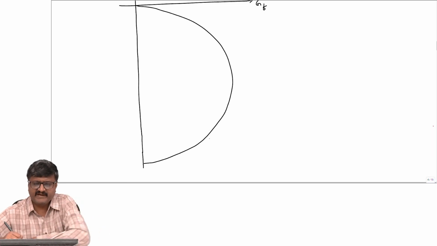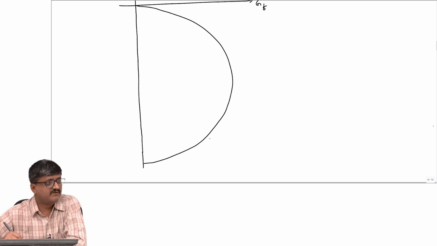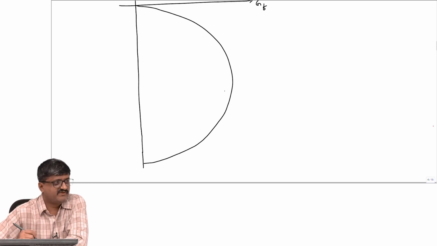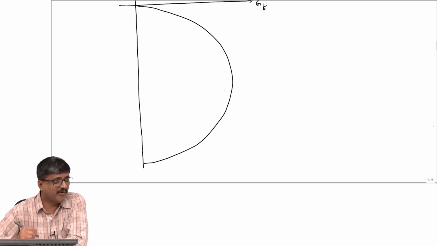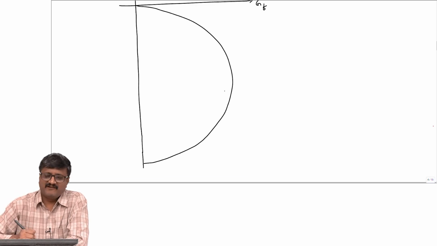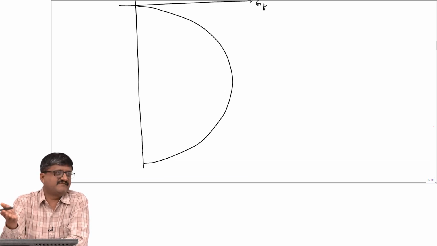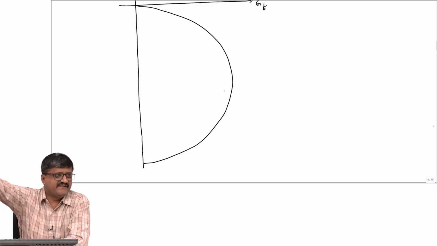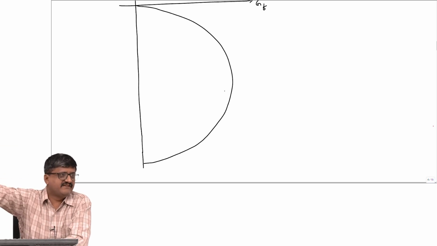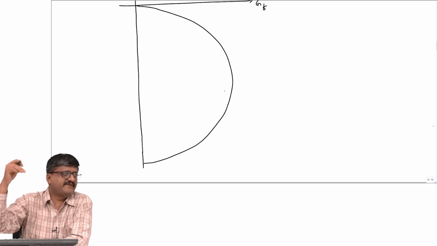Of course, there are many tangents, which can be taken anywhere. So, which tangent has to be taken? The boundary should make an angle phi m with respect to the g of x. If I extend this tangent, it intersects the axis and it makes an angle.